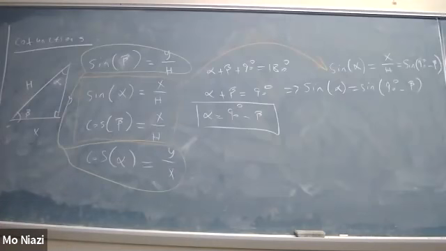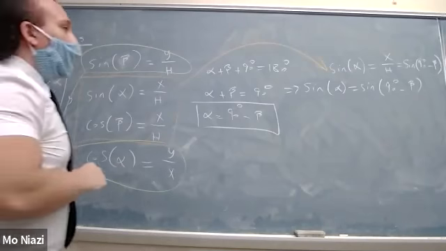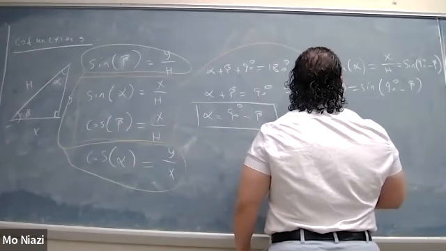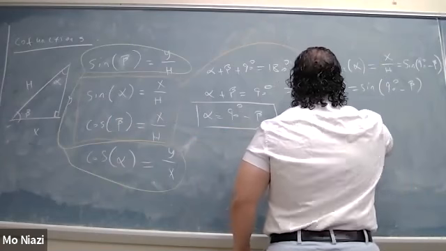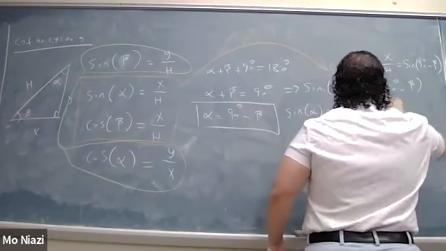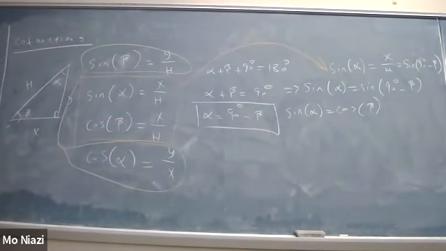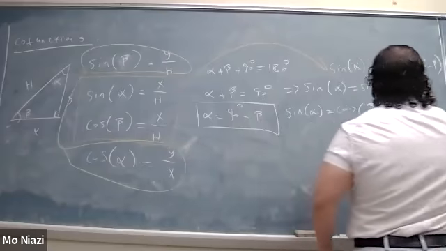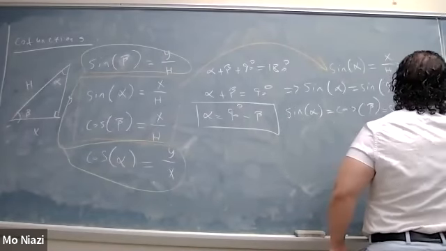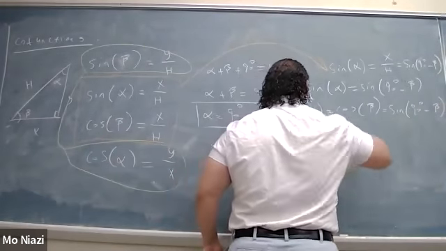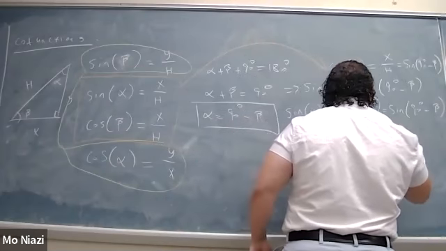Okay. That's right. Sine of alpha is equal to that. But notice, sine of alpha also equals what? Cosine of beta. Right? So that means this equals sine of 90 degrees minus beta. That means cosine of beta is equal to sine of 90 degrees minus beta.